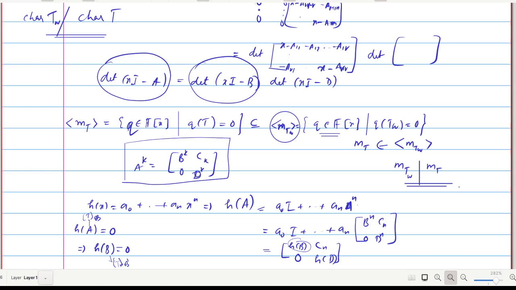Using this idea, you can easily prove that the minimal polynomial of tw divides the minimal polynomial of t, because every annihilating polynomial of t is also an annihilating polynomial for tw. In particular, the minimal polynomial of t belongs to this set, so the minimal polynomial of tw is a factor of mt. So you get that the minimal polynomial of tw divides the minimal polynomial for t. This proves the lemma.